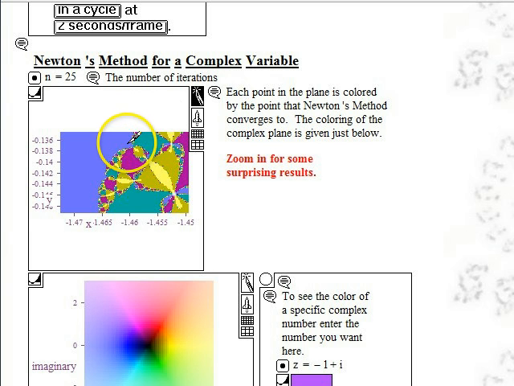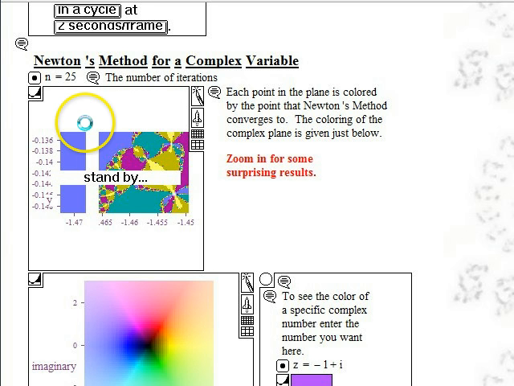I'm going to zoom in again on something. Oh, it looks interesting. Let's look at this point here. And again, each time it's taking each point in the complex plane and the rectangle that I selected, using that as an x0, iterating it through Newton's method, that is calculating x1, x2, x3, all the way up to x25.